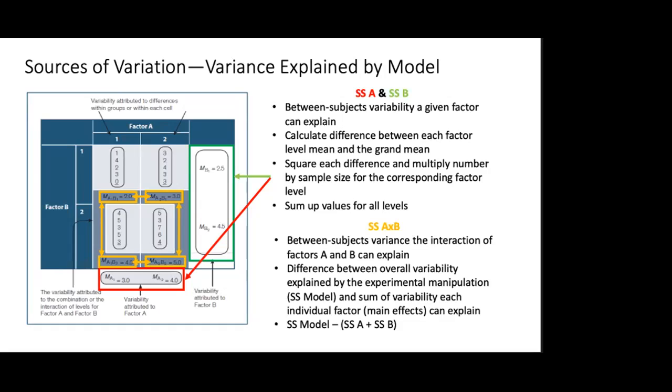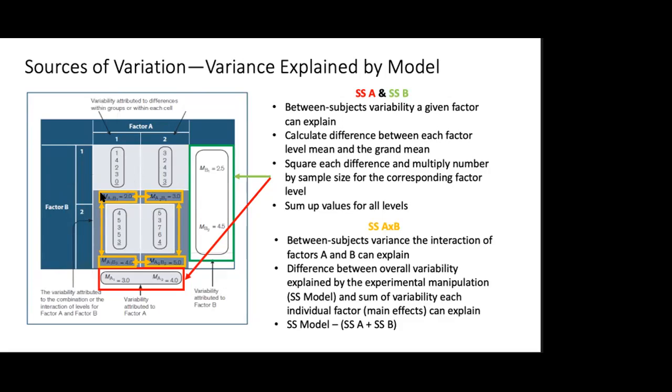If I had an interaction, then the difference would be 1 here, but might be like 5 here, right? That would mean the difference between the two levels is different across the levels of the other factor. But here it's identical, so there's no interaction. The same is true for B; you can check that.